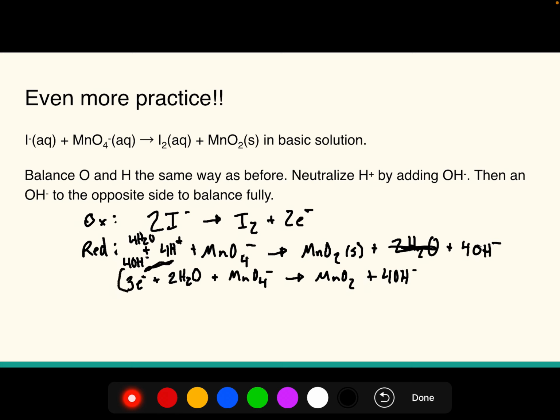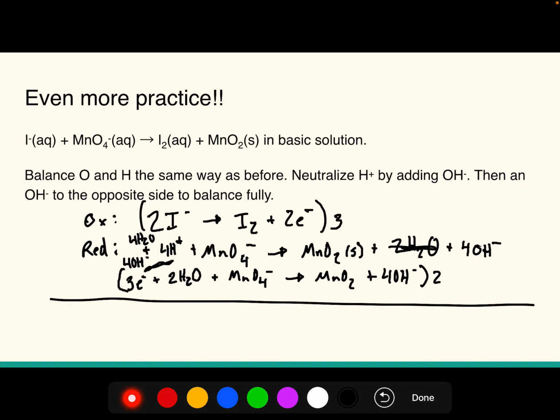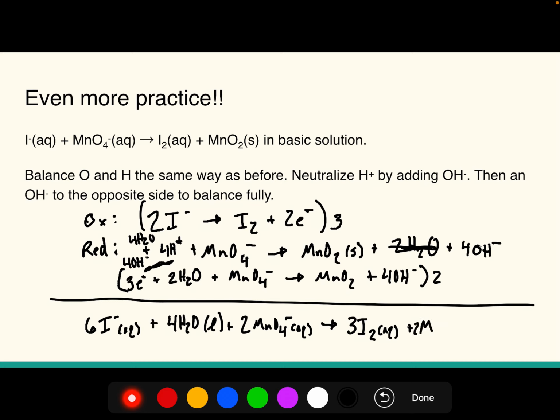To get these to match up, we'll multiply this by 2 and this by 3, and I'll end up with my final balanced equation, and that is the final answer.